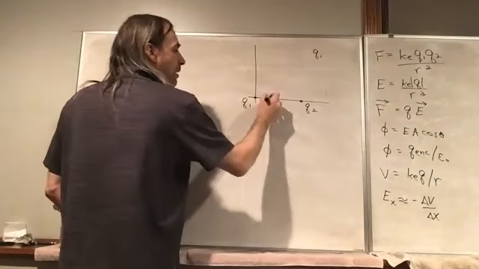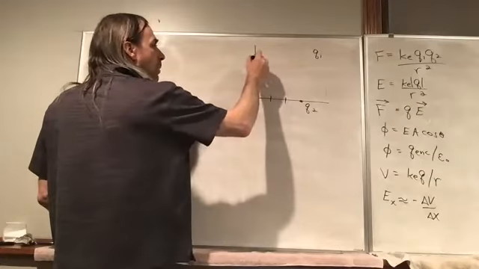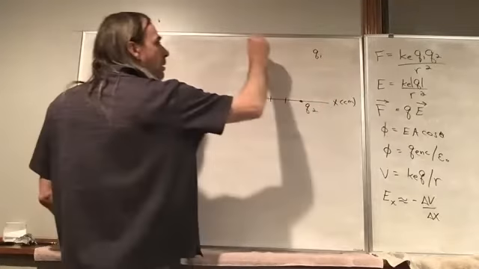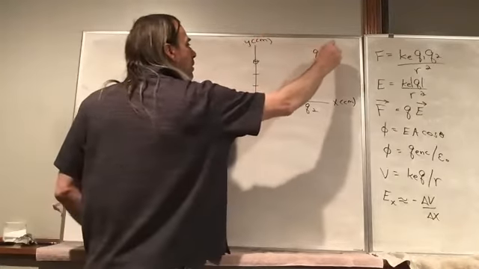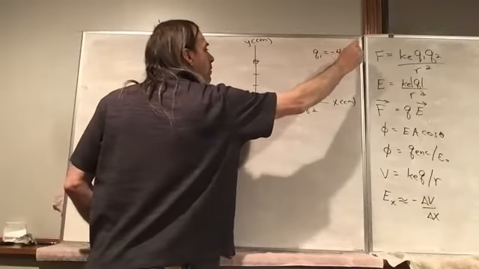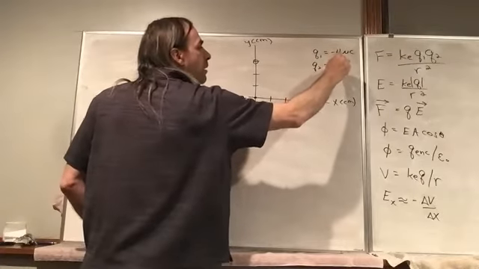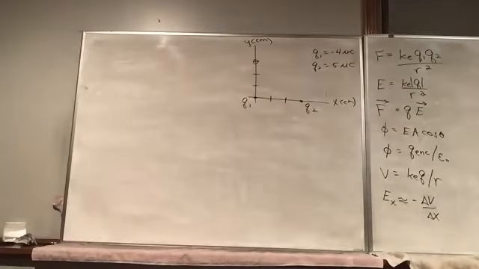Let's say, I don't remember the actual numbers, but why don't we do the same thing we did before? I just don't remember the charges. I know Q1 was negative. I don't remember if those were the actual magnitudes of the charges or not.